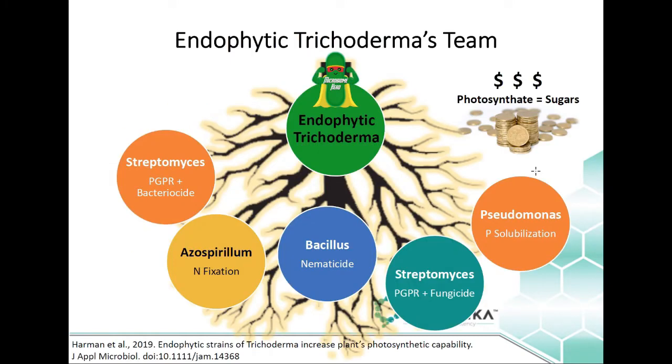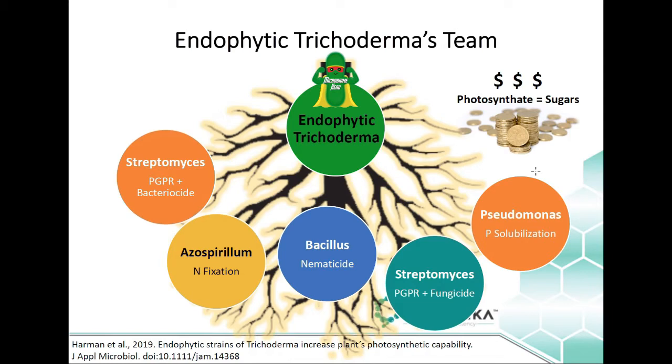Okay, so this is just a visual of what is happening with the endophytic Trichoderma. The coach sitting there recruiting all these functional team members to the team. So we've seen with this specific strain of endophytic Trichoderma, there's always a group of Streptomyces.